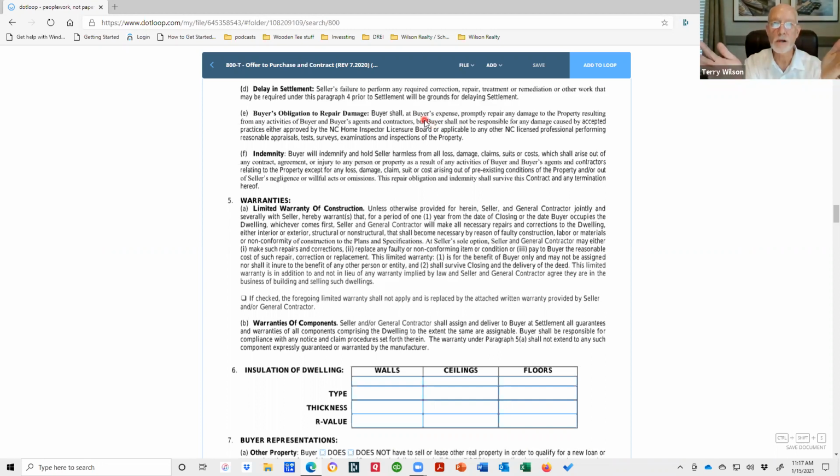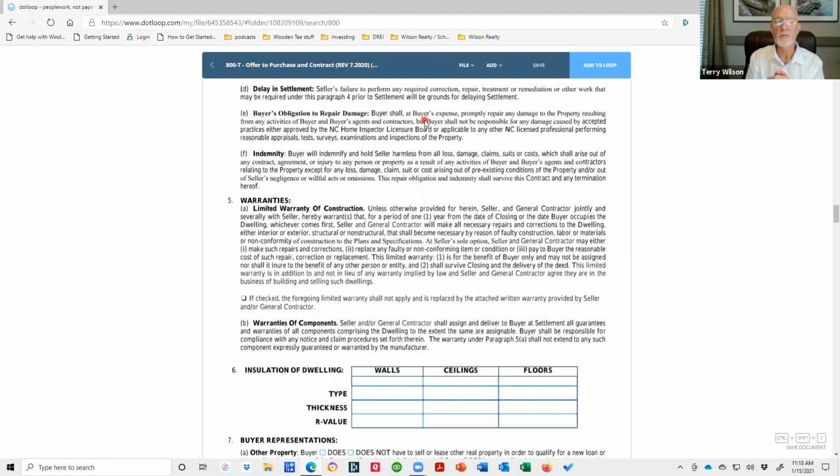Whether this is a resale home, new construction home, it doesn't matter. If the buyer's contractor or the buyer damages the property, then the buyer will have to pay for the repairs. The seller is not obligated to go after the inspector. The buyer agrees to make the repair, and then the buyer will have to go after the inspector if the inspector damaged the property.